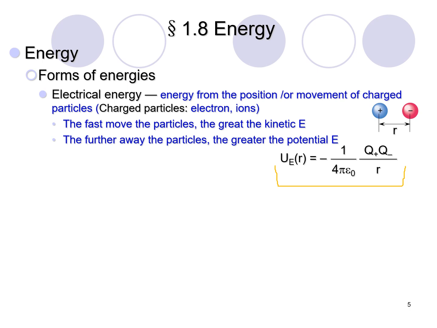Q plus is the value of the charge of this positive charged particle. Q minus is the value of the charge, or number of charges, of this negative charged particle. R is the distance between the two. That epsilon 0 is some kind of constant. And that is the potential energy, and it shows us how this energy can be calculated.